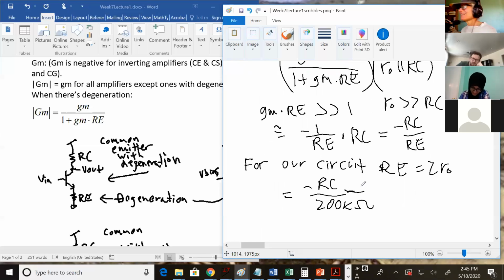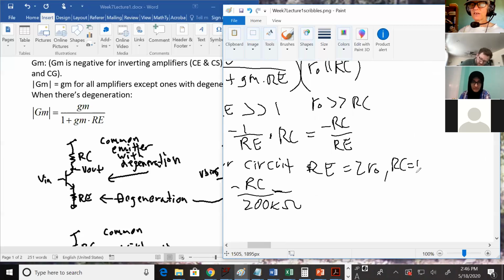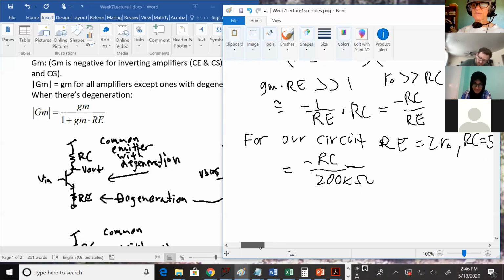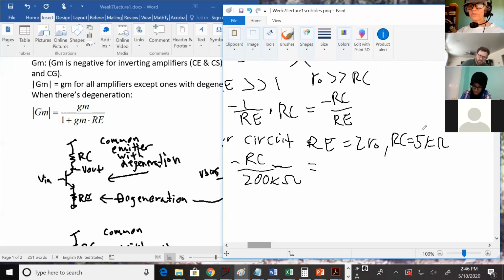RC maybe is a few thousand. Let's make RC 5K. Just totally random, picked out of the air values, so don't think I did any high math to come up with that. Should I make it 2K? Let's do that because that's better for my math brain.